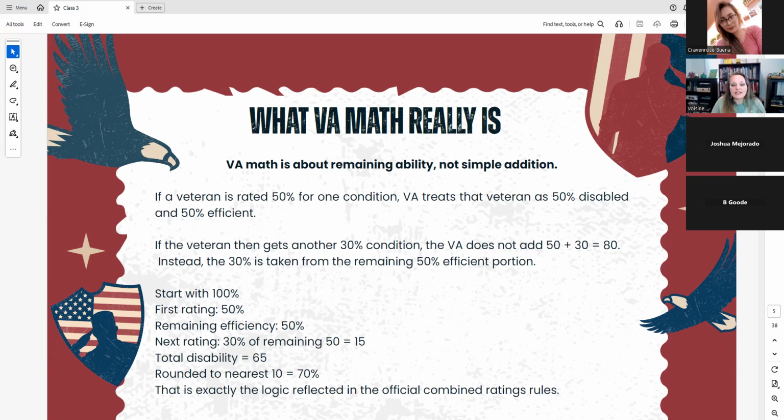So if the veteran gets a 30% condition, the VA does not add 50 and 30, which would equal 80. Instead, it applies the 30% to the remainder of that 50%. Very confusing, but let's get into it.